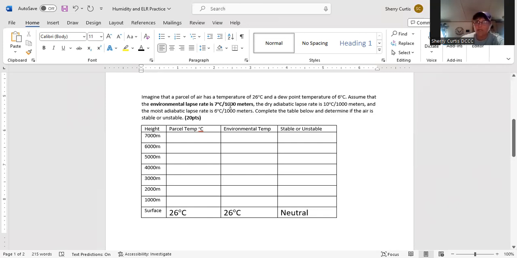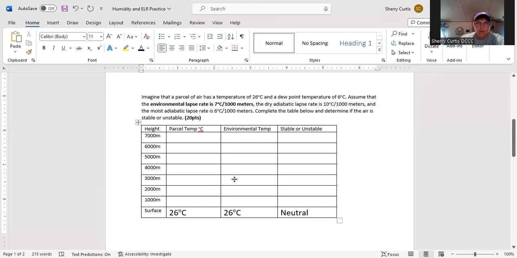Assume that the environmental lapse rate is 7 degrees per 1,000 meters, and the environmental lapse rate can vary. 6.5 is a ballpark average, but it really depends on the specific area. The dry adiabatic lapse rate is 10 degrees Celsius, and the moist adiabatic lapse rate is 6 degrees Celsius.